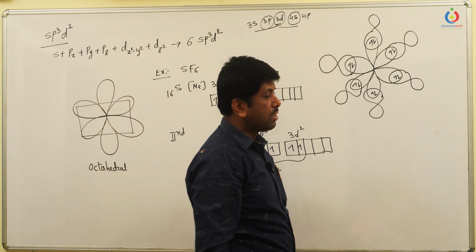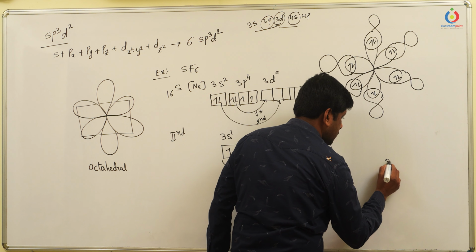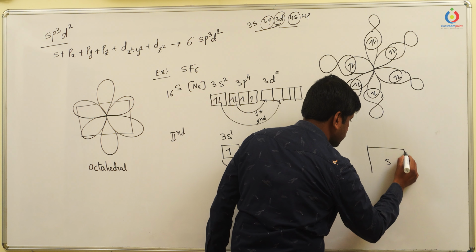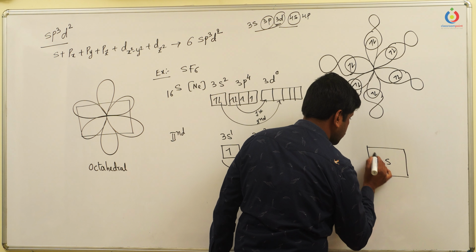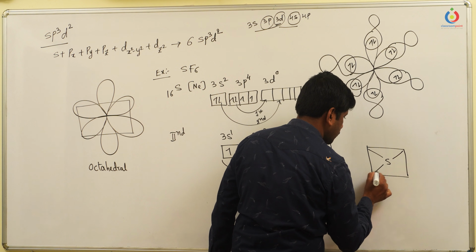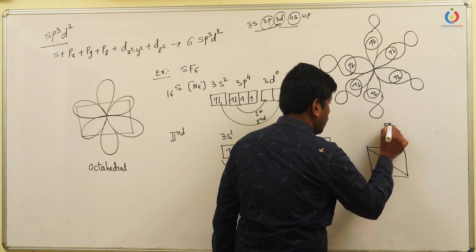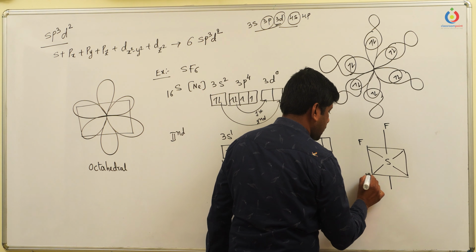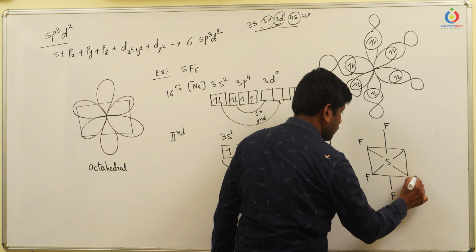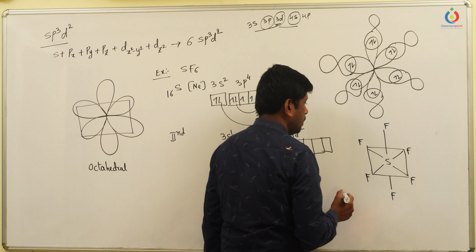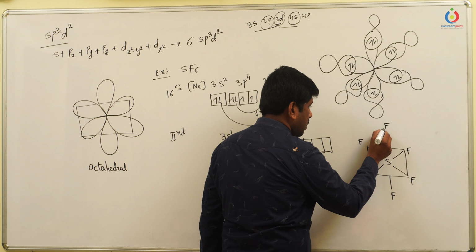So its equivalent structure, if you write down here, sulfur is at the center. All these places are occupied by the fluorine atoms. Now, why is it called octahedral?